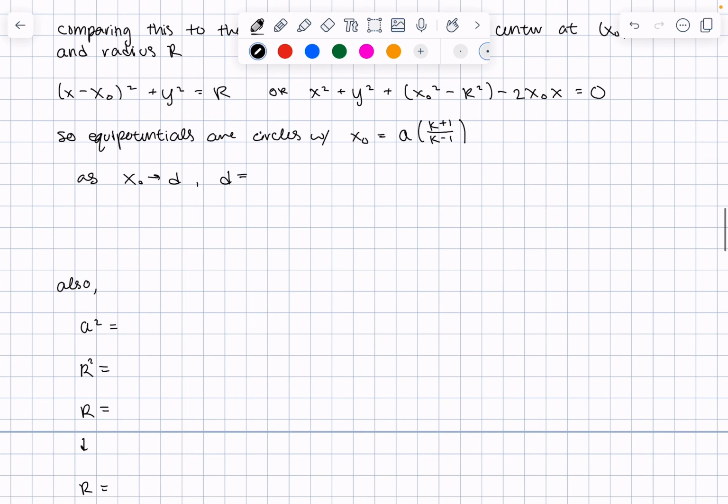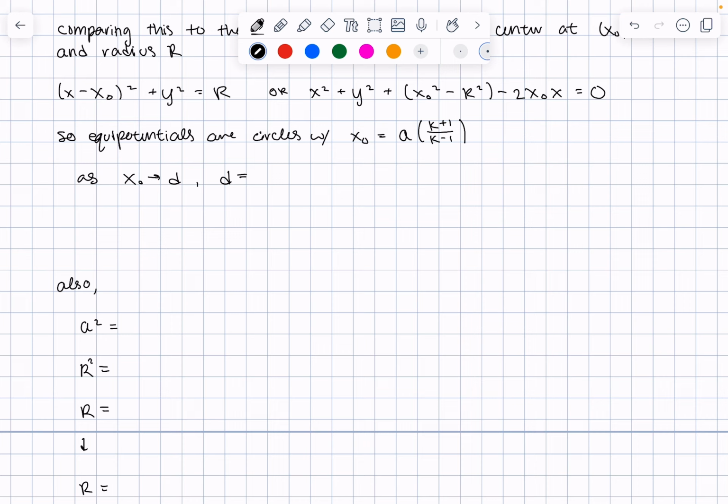So then, and this is when we're applying this back to the problem we're trying to solve, we want x naught to be at d, because we want our equipotential to be centered at a distance d from the axis.